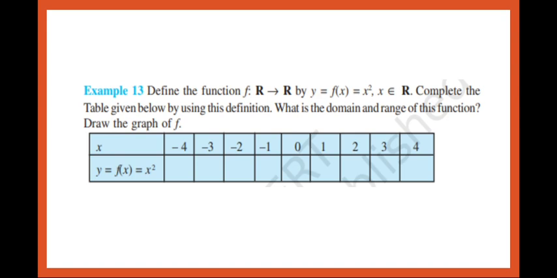So f will send minus 4 to 16 because minus 4 square is equal to 16. Similarly, minus 3 to 9, minus 2 to 4, minus 1 to 1, then 0, 1, 4, 9, 16.